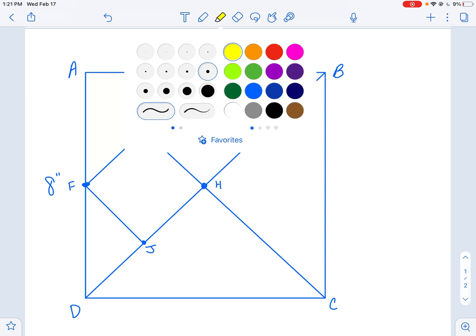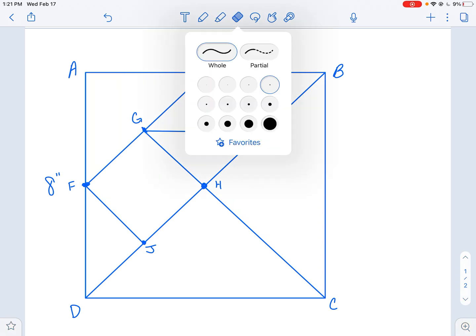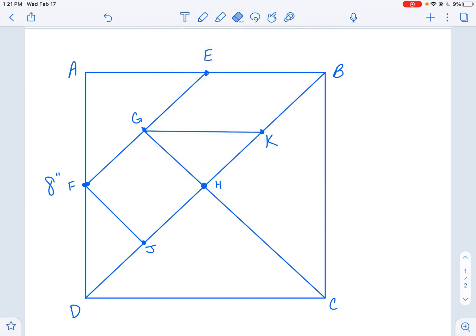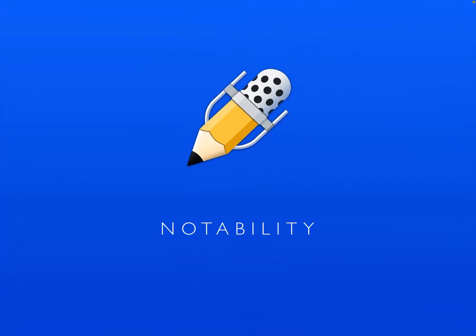So I'm going to make a square over here. So I get a square, and my Notability crashed, that's okay.